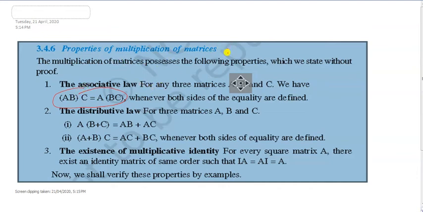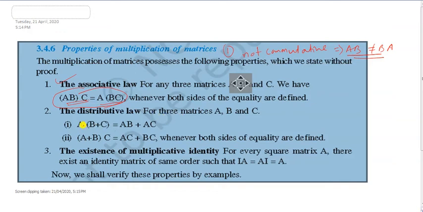First, number one, I have already discussed, this is not commutative. This is very important, not commutative. That means AB is not equal to BA. This is important. This is the associative law. Association means if I change the association, it is followed. AB into C equals to A into BC.